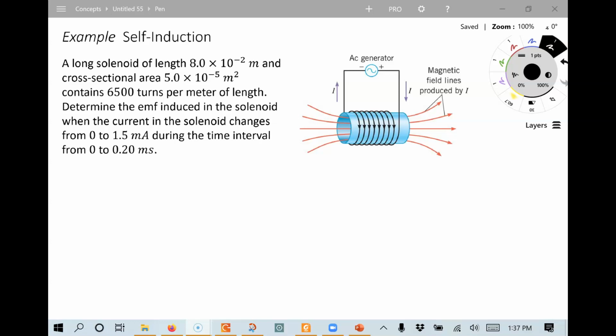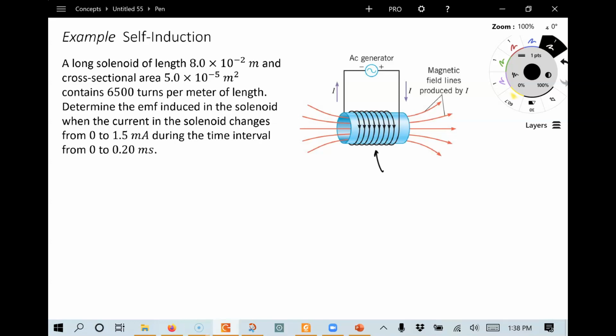So you can see a picture here. We've got an AC generator, which causes current to flow and oscillate back and forth in different directions. And as a result, we've got this wrap of wire here. This looks kind of like a solenoid, and it is a solenoid, it says.